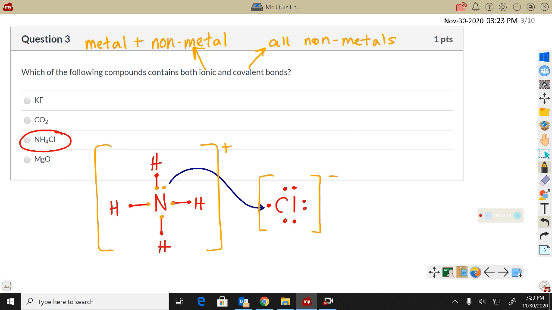Often, that's the quickest way to identify metal, nonmetal. So if I see something metal, like potassium, that's ionic. If I see magnesium, ionic. If I see 2 nonmetals, 99% of the time, that's covalent.